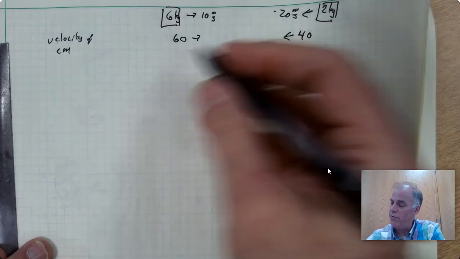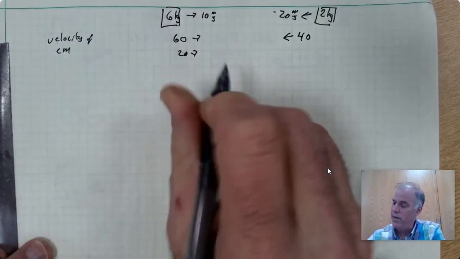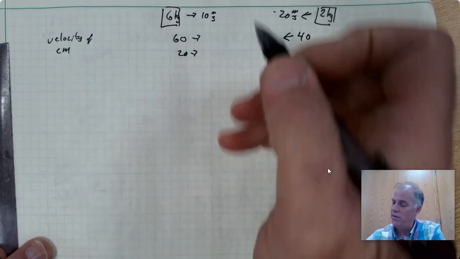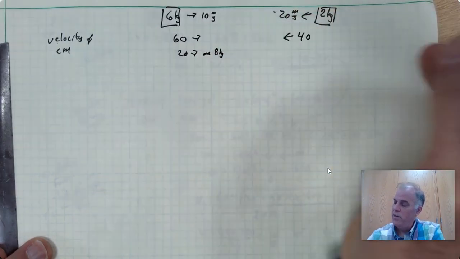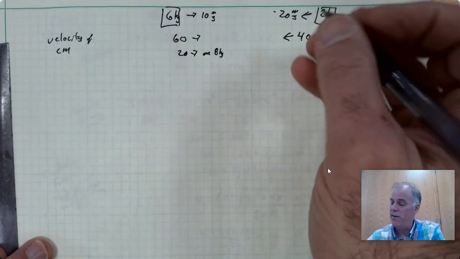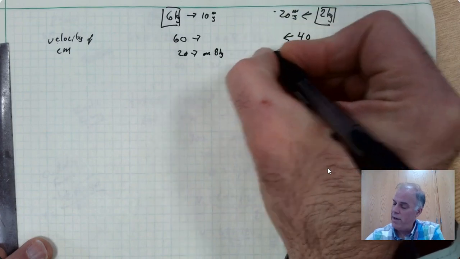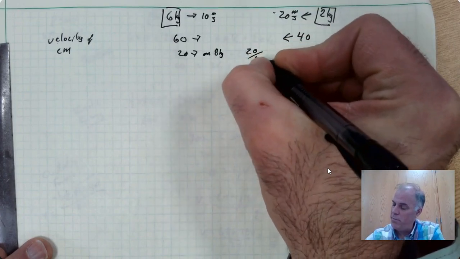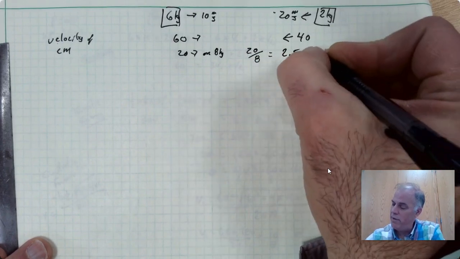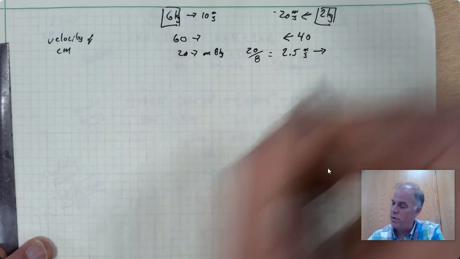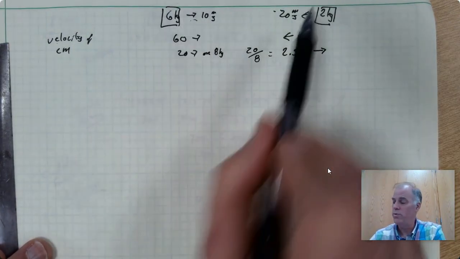When we add them together, we find that the total momentum is 20 in that direction, and the mass is 8 kilograms. So that means that the speed of the center of mass is going to be 20 divided by 8, which is equal to 2.5 meters per second, and it's going to be moving to the right because this momentum dominates over this one.